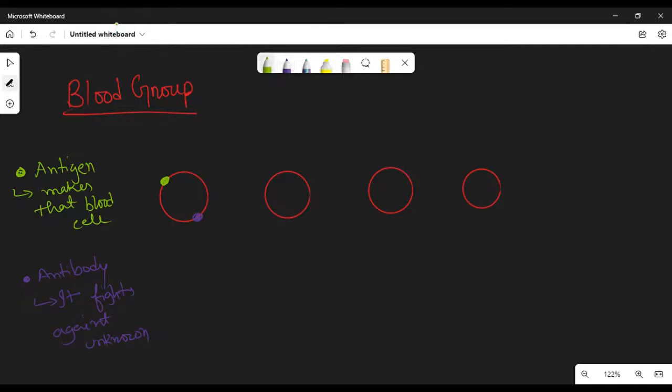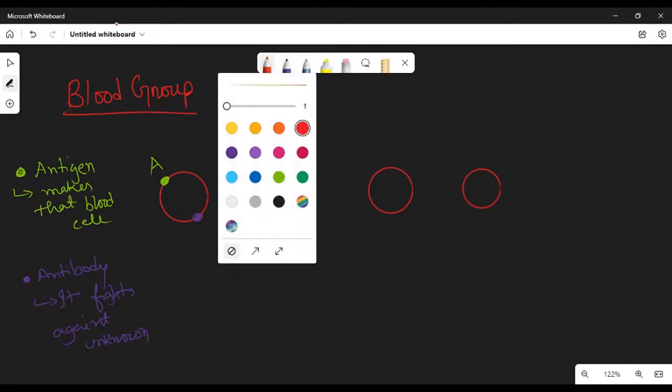So if a blood has antigen A, the naming of that whole blood group will be A.